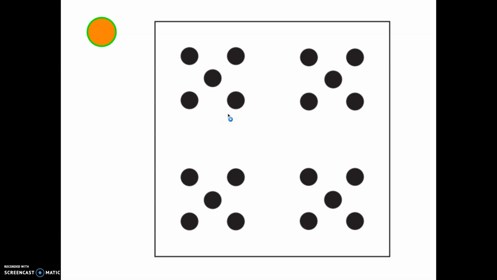One last quick look card. Let's see if it moved. Let's go back one. There we go. And here we go. What did you see? I saw 4 groups of 5. And I know that 2 groups of 5 makes 10.